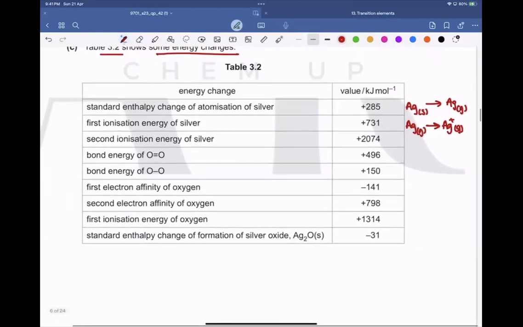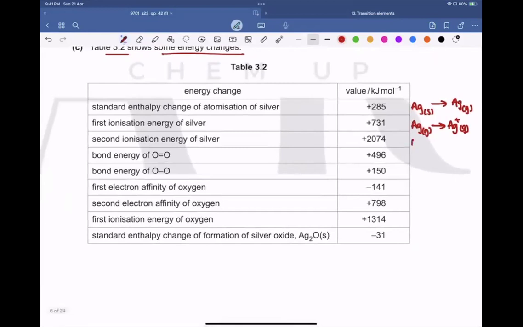Second ionization energy of silver means that the gaseous silver 1 plus ion turns into a 2 positive charged gaseous silver ion. Bond energy of oxygen, double bond: when this molecule having a double bond breaks, it turns into 2 oxygen atoms. And here, oxygen single bond: when the 2 bonded atoms turn into 2 single atoms.